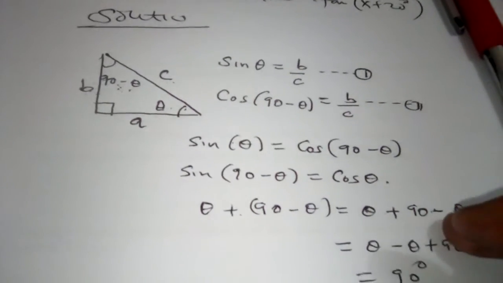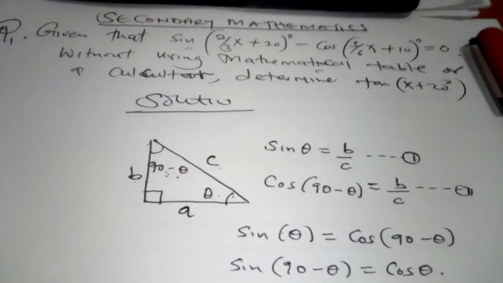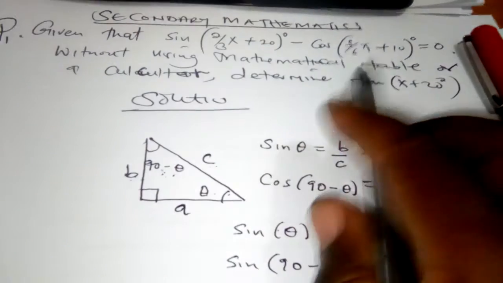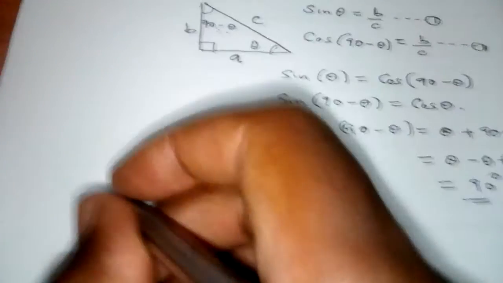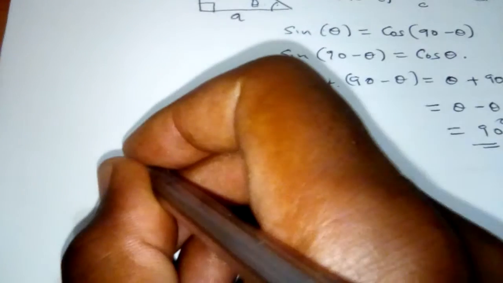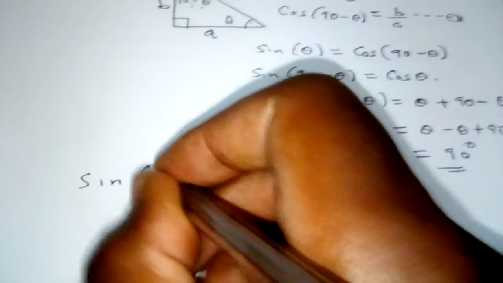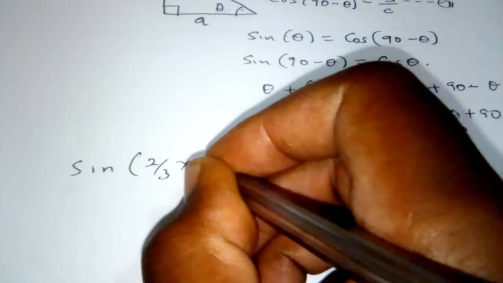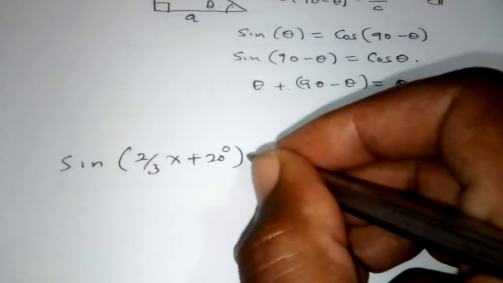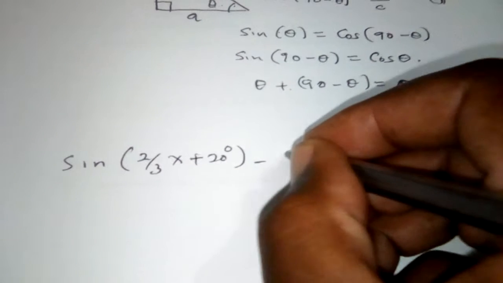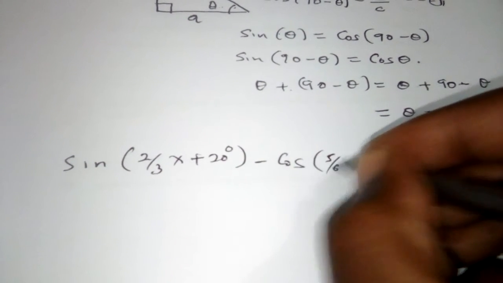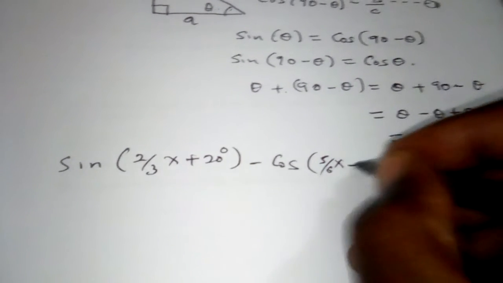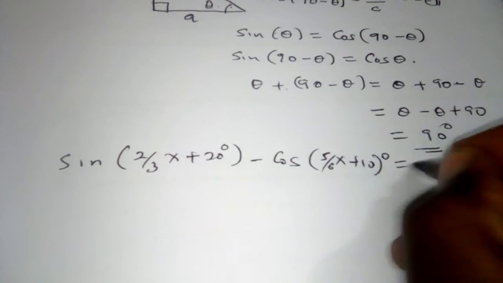We can use the same fact to solve this problem, so long as you have sine of something and cosine of something. So our solution extends down here. We have sine of (2/3 x + 20 degrees) and cosine of (5/6 x + 10 degrees) equal to 0.